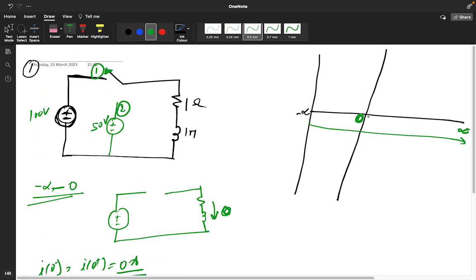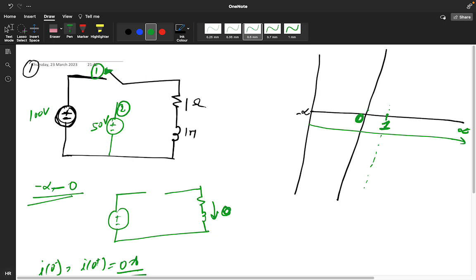Now from 0 to 1 second, you need to find the value at 1 second to get the actual current.